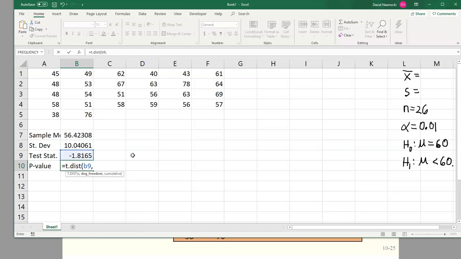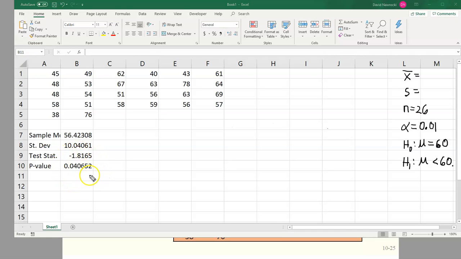Comma, our degrees of freedom, which is going to be 25, that is 26 minus 1. And then we do want cumulative. That's normally what we want when we use the t.dist function as well as the norm.dist. Close that off, and so there is our p-value.